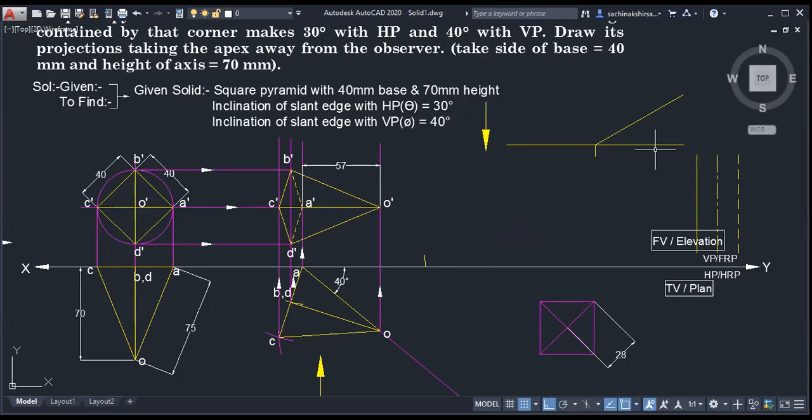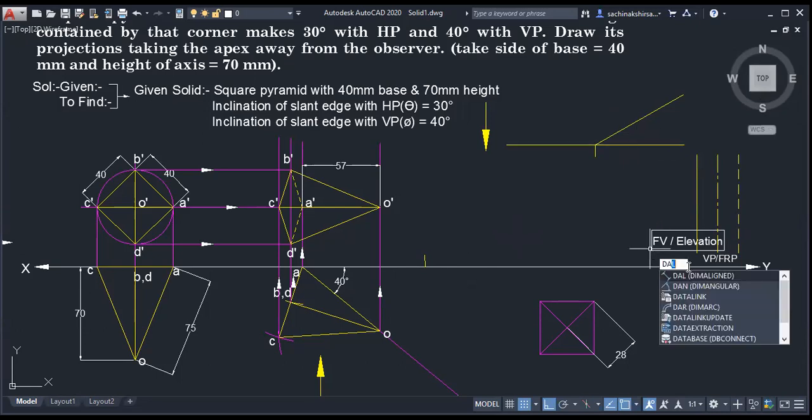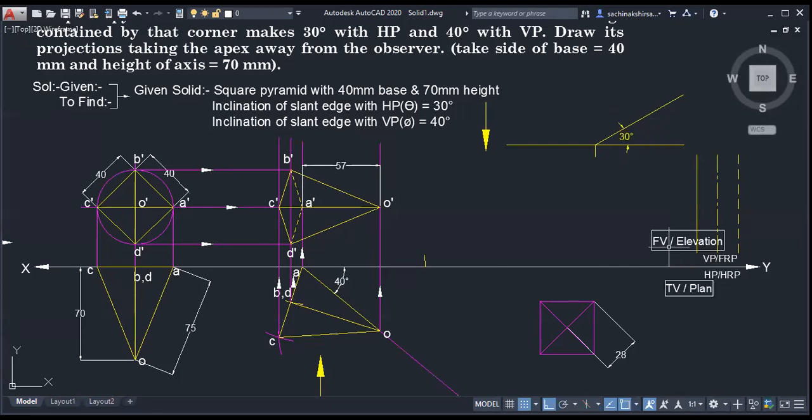It will be something like this. The angle will be 30, which is given with HP, and this length will be 75. That is our true length.